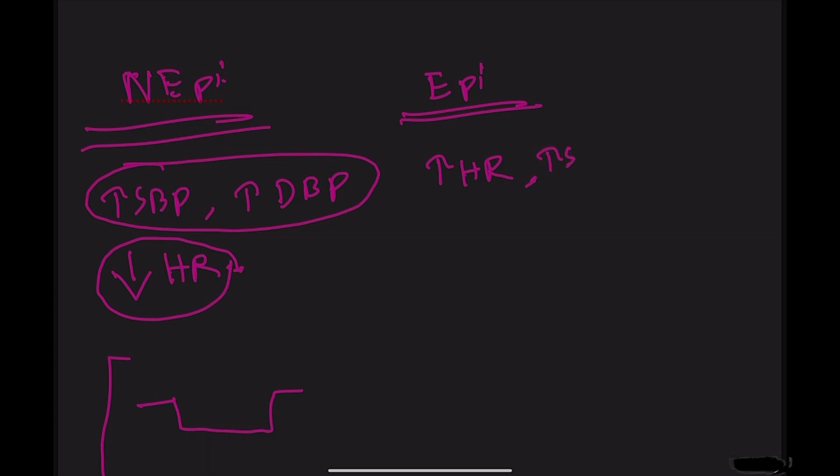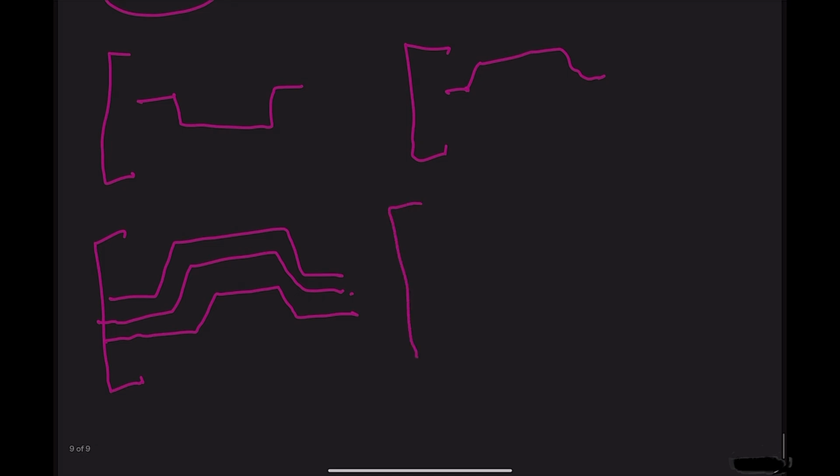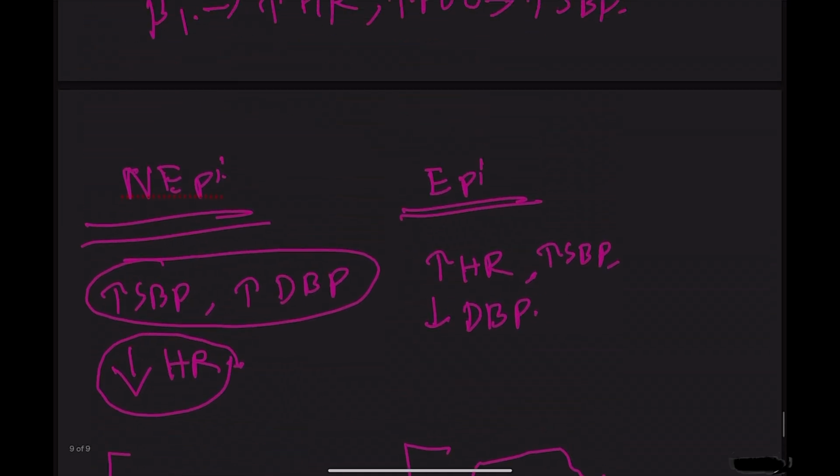It is increasing the systolic blood pressure, but it decreases the diastolic blood pressure. Okay, so if I draw a diagram, the heart rate is increasing, and the systolic blood pressure is increasing. The diastolic blood pressure is decreasing, so the mean pressure remains normal.